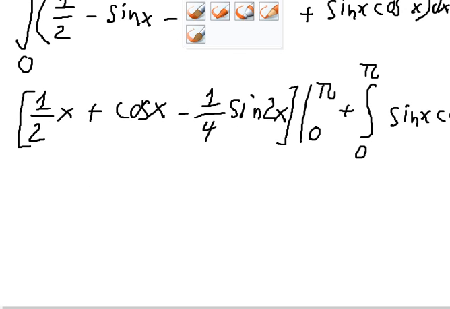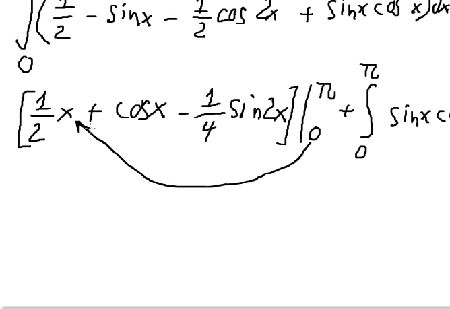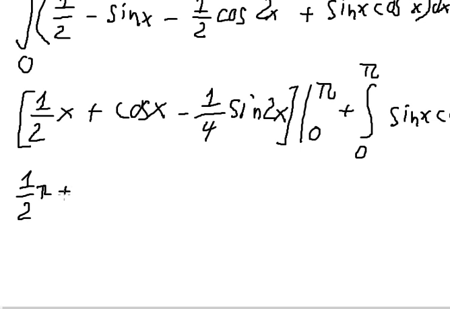So I will put B here, and number 0 here. So we will go about 1 over 2 B plus cosine B minus 1 over 4 sine 2B.